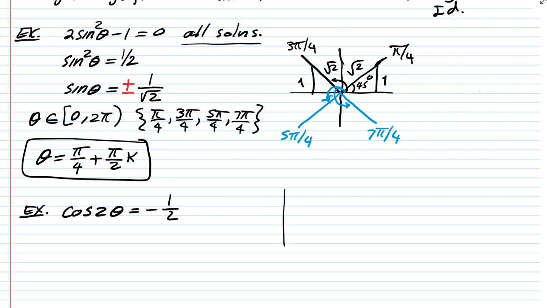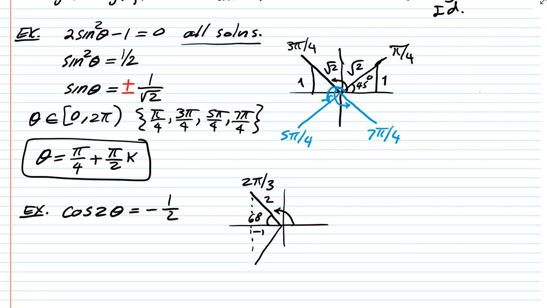Well, cosine could be negative in the second, right, or third quadrant. In the second quadrant, cosine of 60, I know cosine 60 is 1/2. So there you go. Therefore, this is going to be -1, 2.